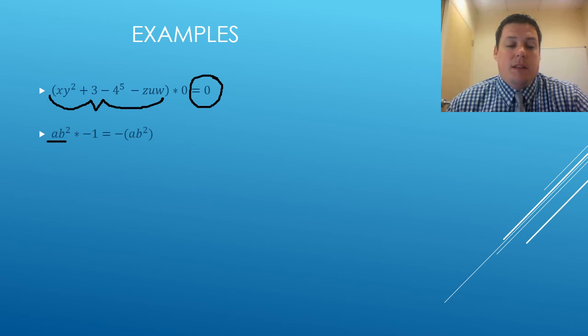If we have something like (ab squared) times -1, we want to say the opposite of what we're multiplying by -1. We're multiplying ab squared by -1, which is why I placed it in parentheses, because we want to think of that as one term. So the answer is the opposite of this whole term, which is ab squared.